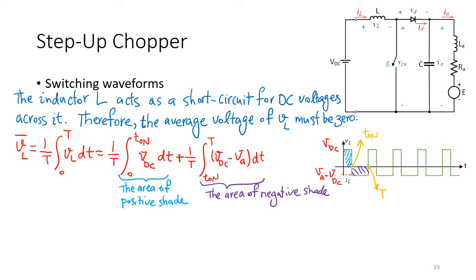So it will be equal to 1 over T VDC T on plus 1 over T VDC minus VA times T minus T on, which is equal to 0.